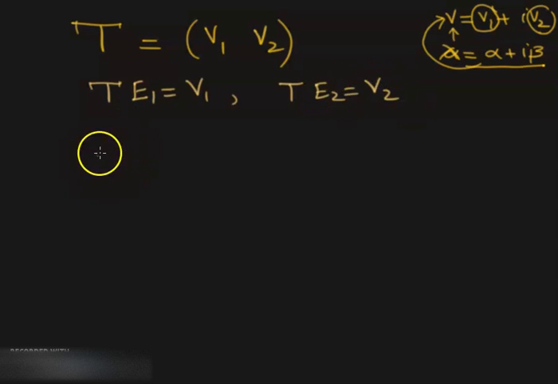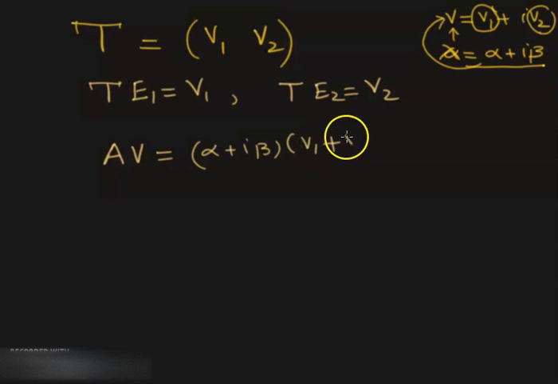Next thing that we want to see, interestingly, is let's consider this Av, which is equal to (alpha plus iota beta) times (v1 plus iota v2). This can further be simplified.